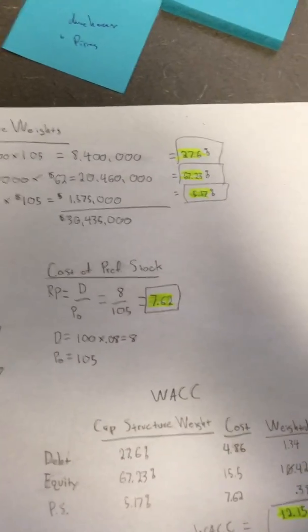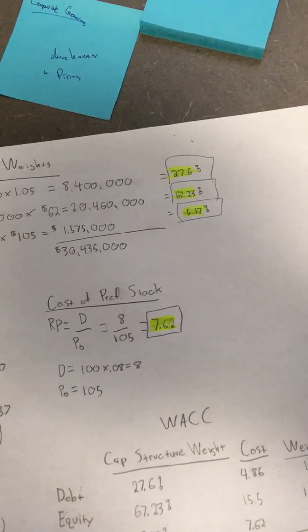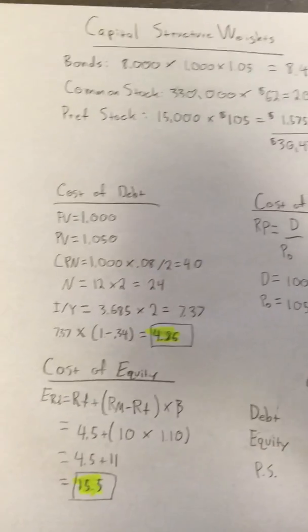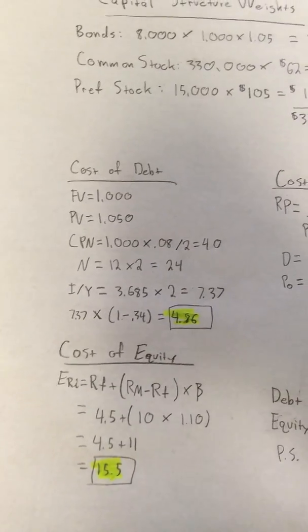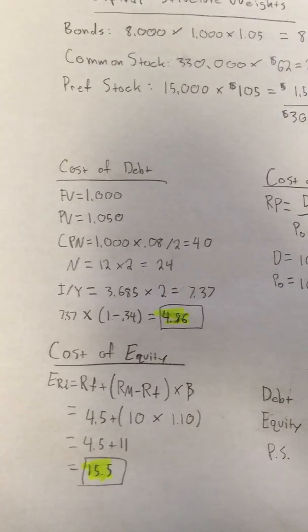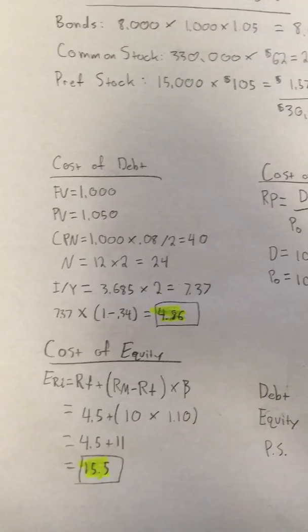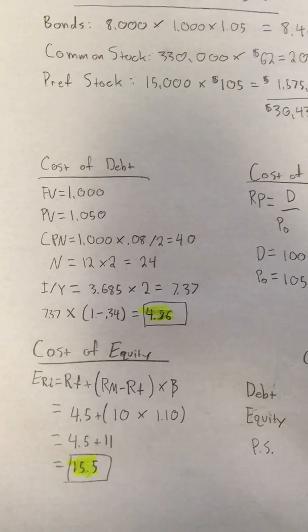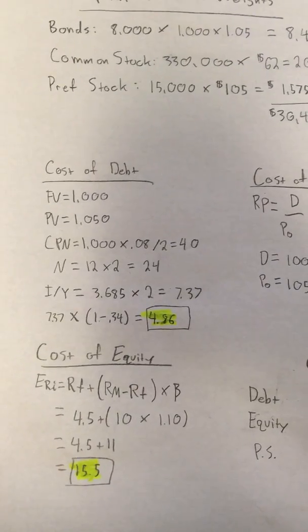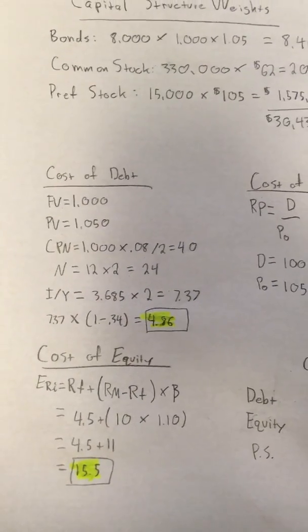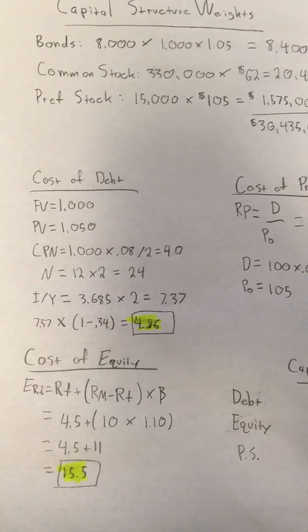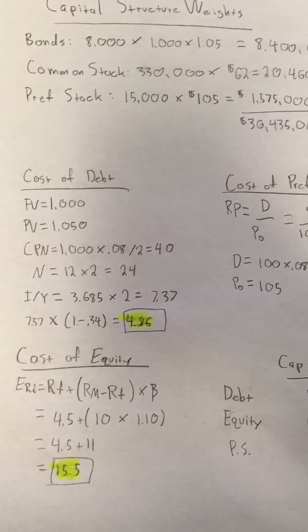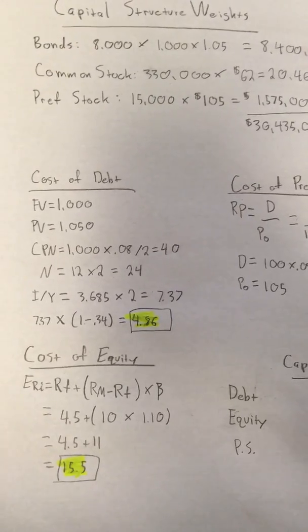Okay, so from here we go down to calculate our individual costs, and we have the cost of debt with a future value of $1,000, present value it's at a premium of $1,050. The coupon is 1,000 times the coupon rate of 8% divided by 2 because it's compounding semi-annual, gives you a $40 coupon.